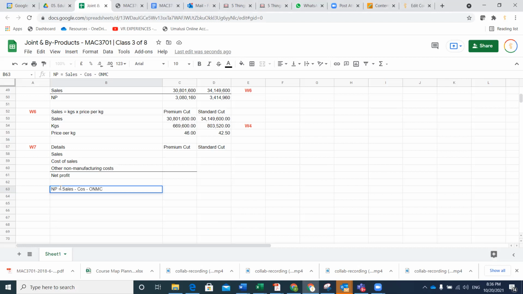We want cost of sales. So cost of sales equals sales minus other non-manufacturing costs minus net profit. All I'm going to do is change this to net.